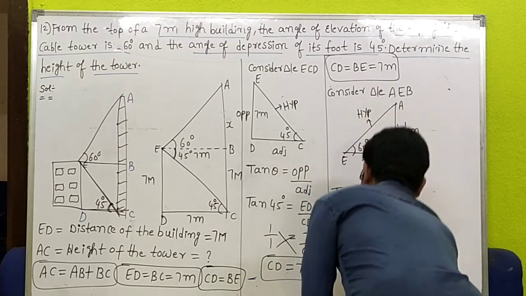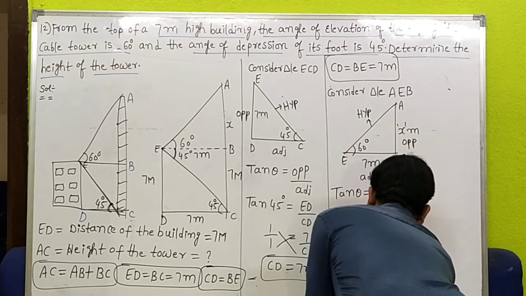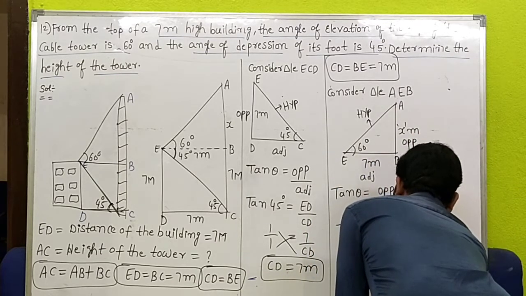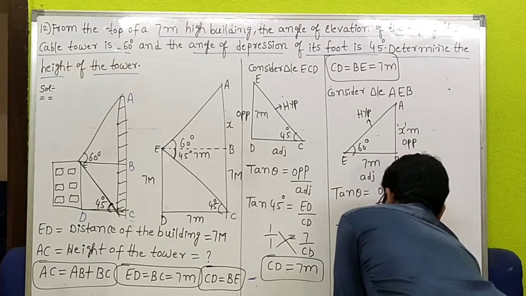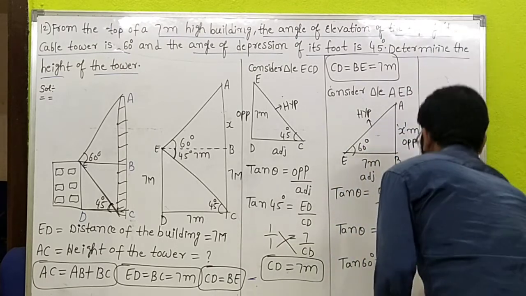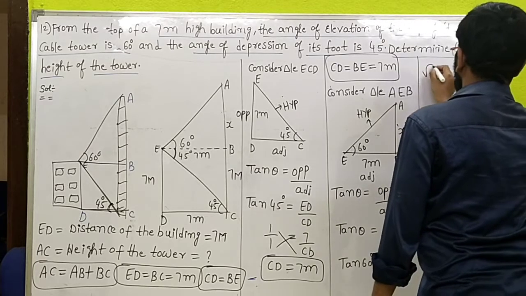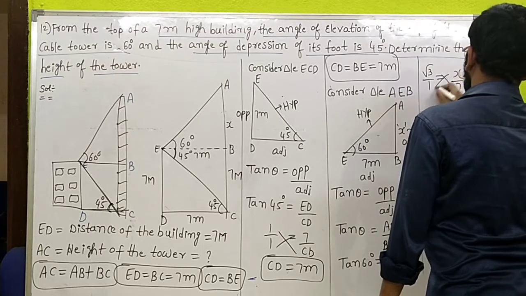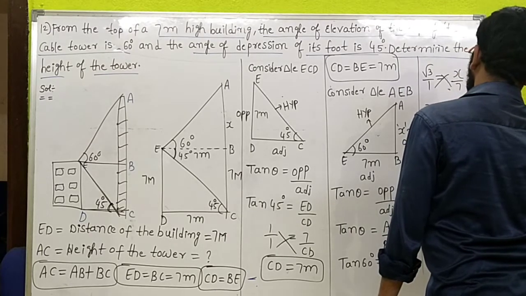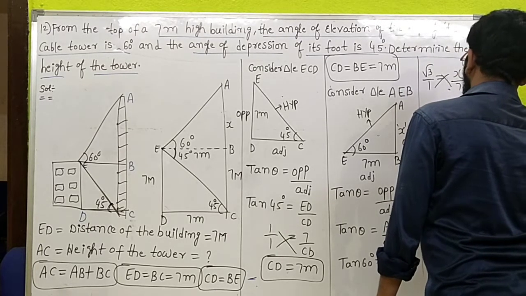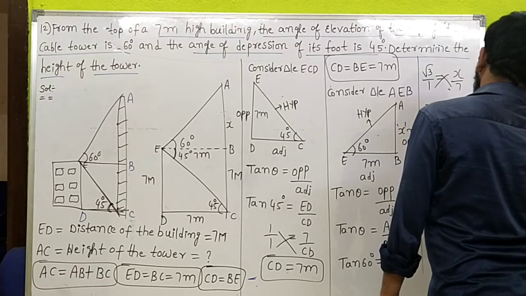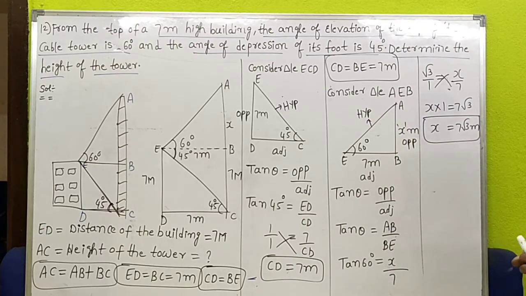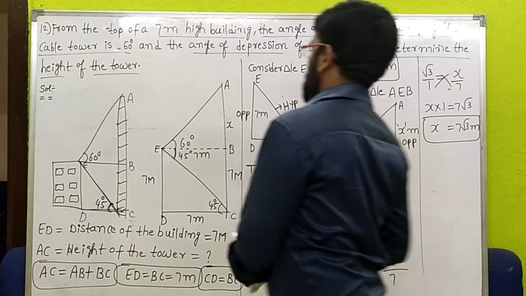Then tan 60 equals X by 7. Tan 60 value is root 3 by 1, equals X by 7. Cross multiplication, X into 1 equals 7 into root 3, so X equals 7 root 3 meters. Now we want the height of this.